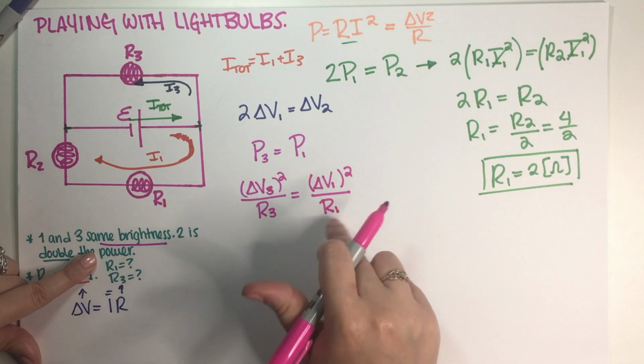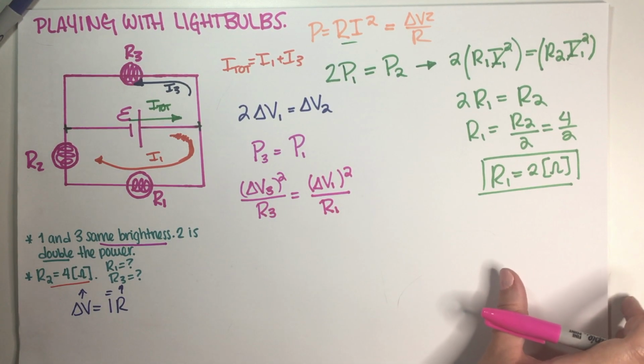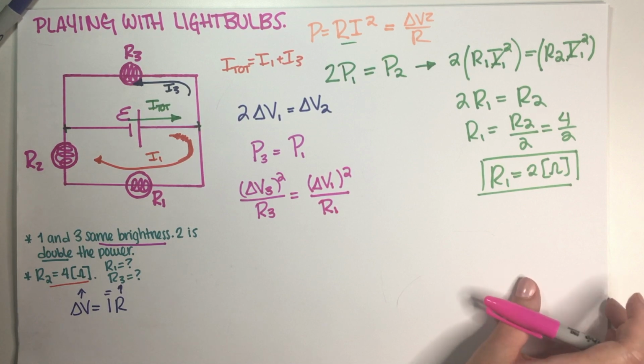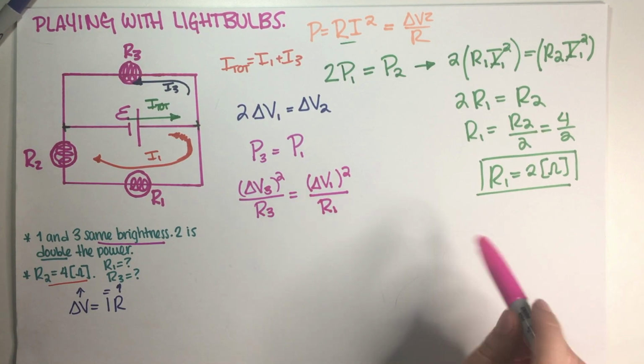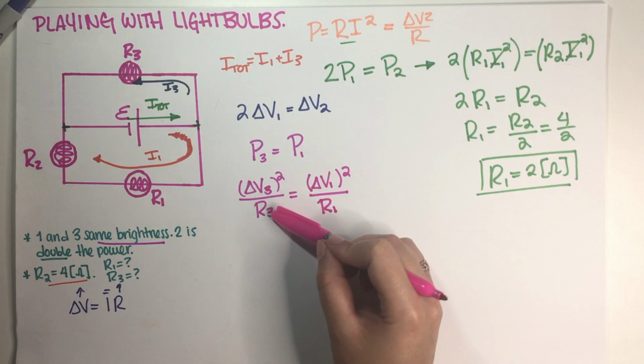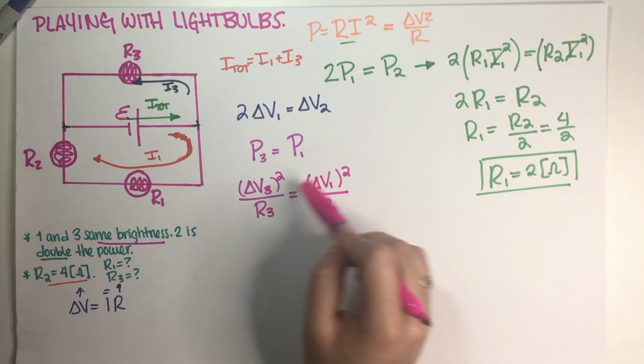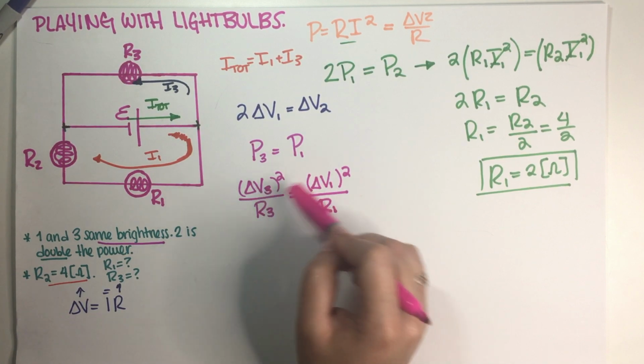Resistor 1 we already have, so this is not a concern. The only thing preventing me from finishing this problem is that I have this number, this is what I want, but I need to figure out a way in which I can relate these two.